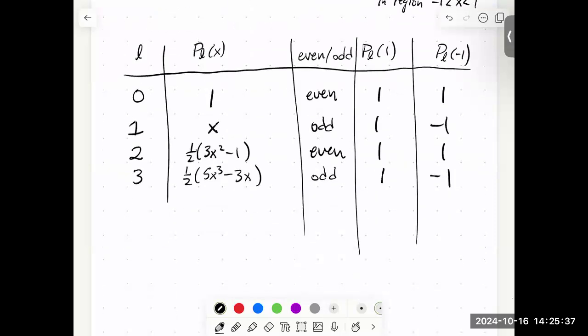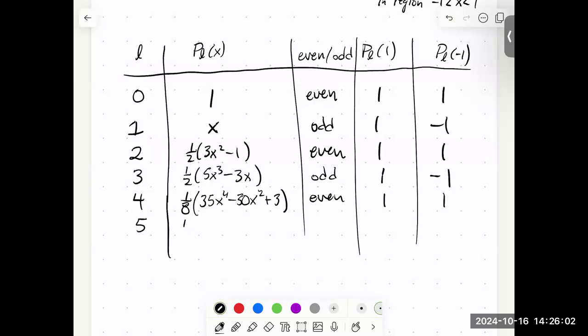Okay, fair enough. Let's go to L equals 4, just to be complete. It's going to be 1/8 of 35, and it should have only even powers of x. So there it is, this is an even function. I won't bother checking, you can check if you want, but at the boundaries the value is always going to be +1.